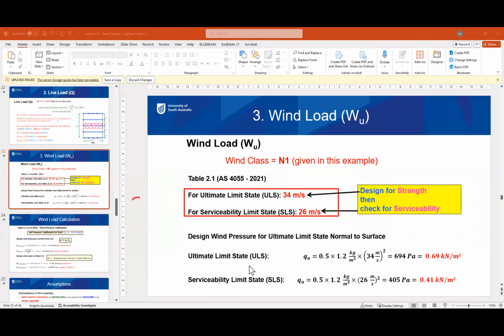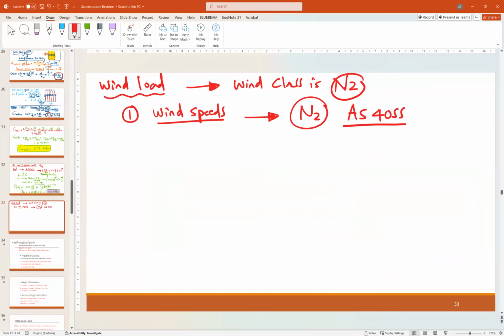So we need to go to AS 4055 for the wind speeds. So I will just open the lecture for wind to see how the table looks like.